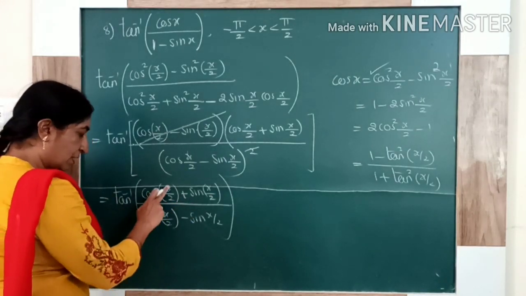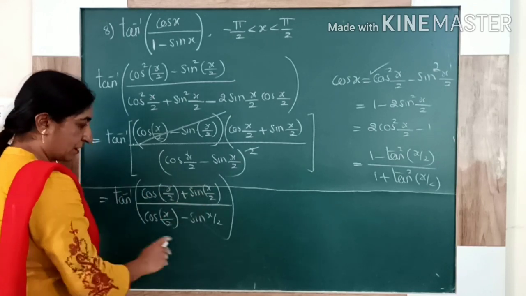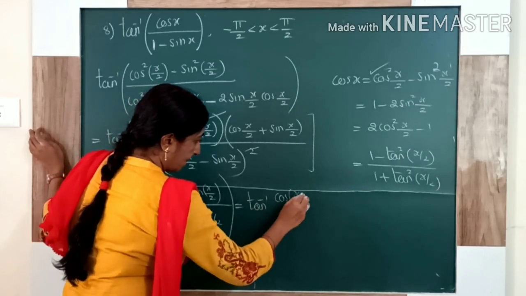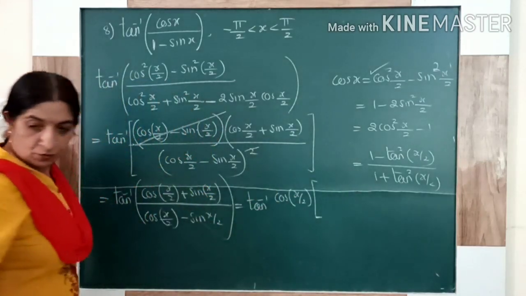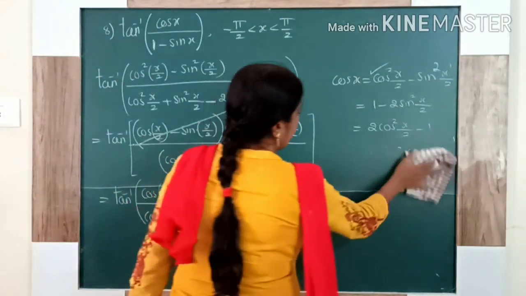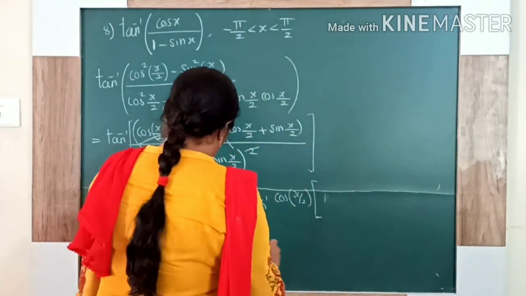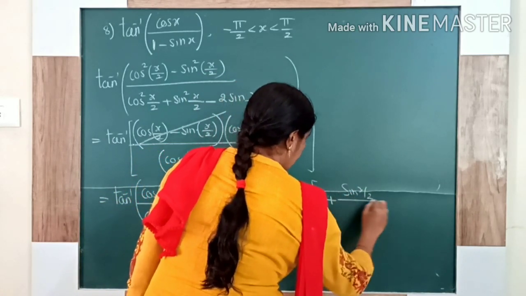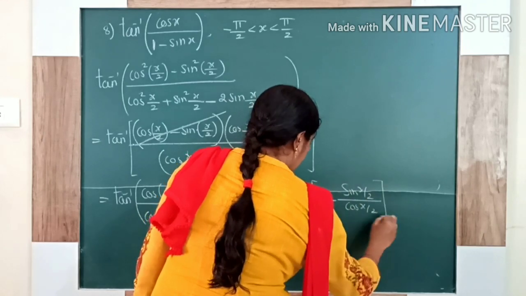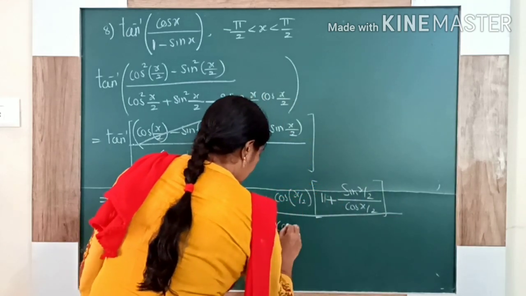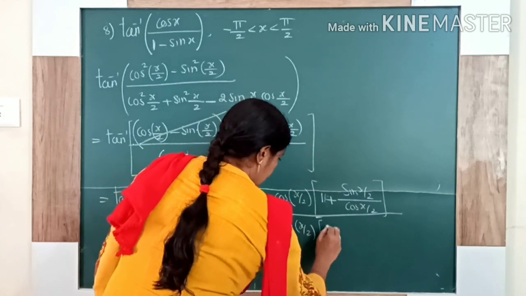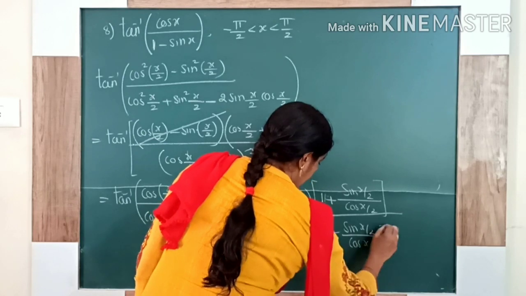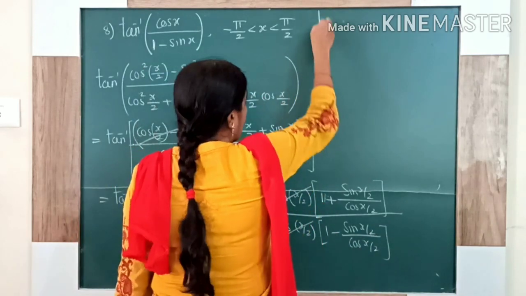The only difference is that in place of x by 2 we have x. So I took cos x by 2 common, because we did the same sum in this class only. So what is remaining?